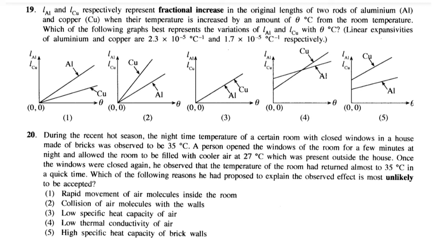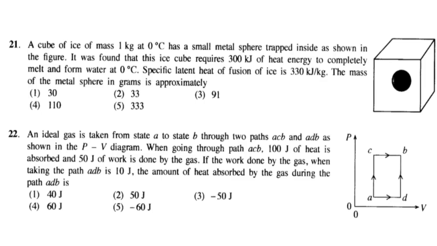Fifth answer, high specific heat capacity of brick walls. The specific heat capacity of bricks is high, that is true. Due to that reason, it holds more energy even at night. So the answer is 4.